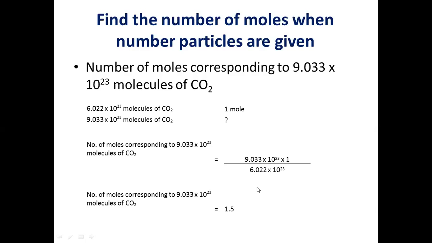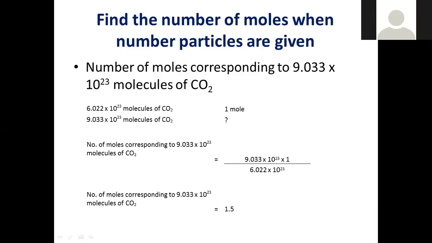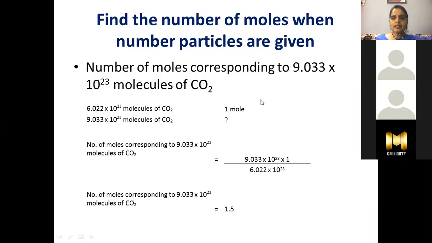By practice, you'll realize, so please understand this, whenever you have been given such kinds of problems, usually the numbers given are always multiples of 6.022. So in this case, 9.033 upon 6.022 gives us the answer 3 by 2 or 1.5.